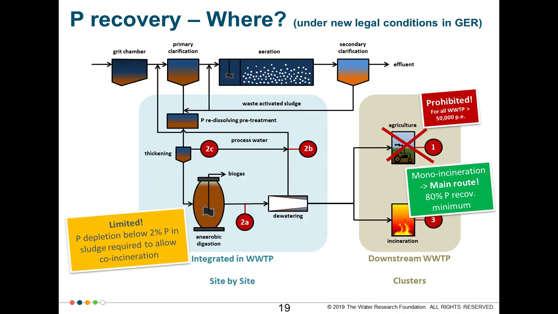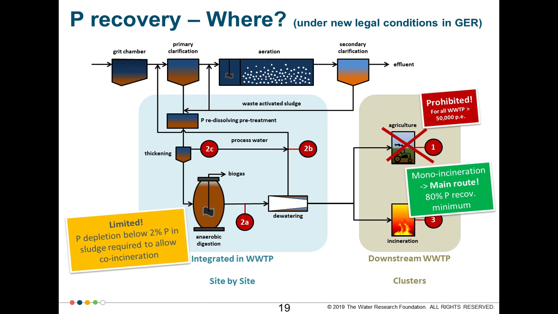If we look from the operator's perspective, we could have P recovery on-site at your wastewater treatment plant, which will also mean that you recover phosphorus side by side. So in these terms, it will be a kind of decentralized recovery design.